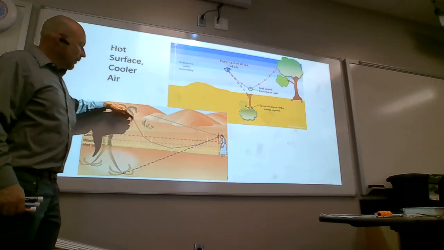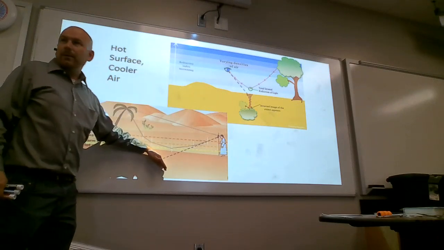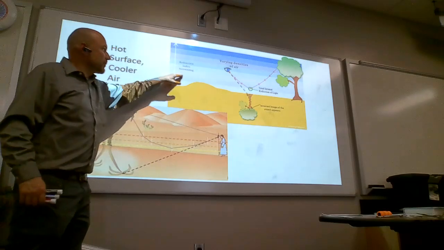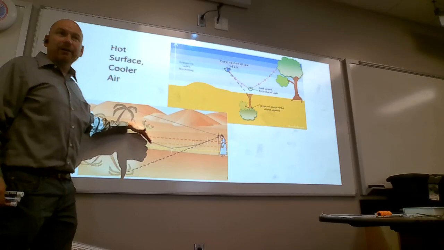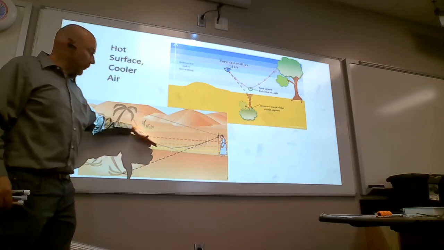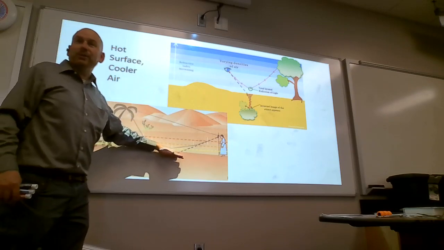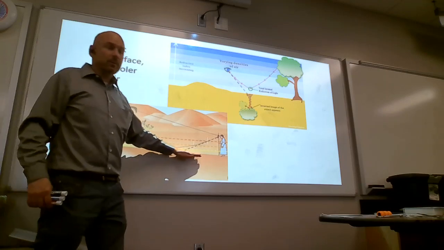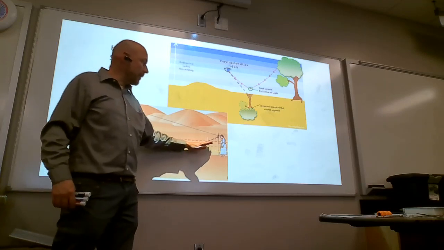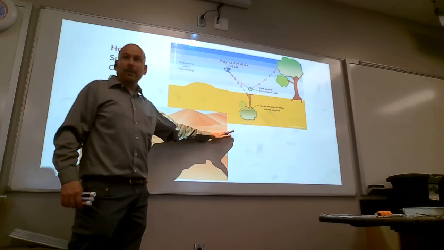Light that would have hit here is going through different temperatures of air and is getting faster and faster because it's getting hotter and hotter. And so it's bending away from the normal and away from the normal. At some point, it experiences total internal reflection and bends back up to here.